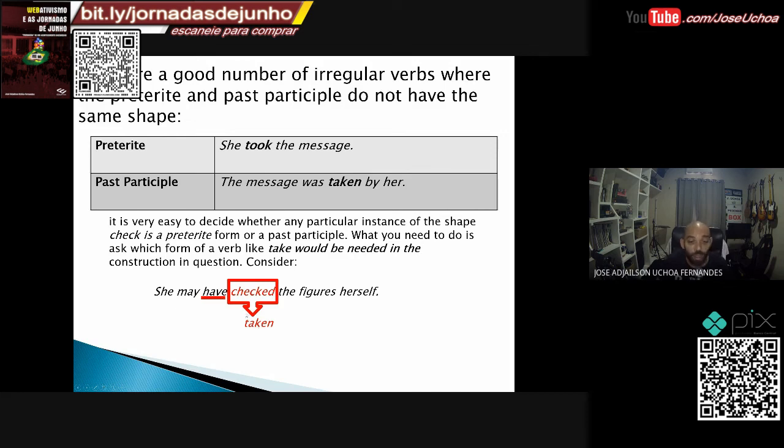She may have seen the figures herself. E seen vai estar na mesma terceira coluna de past participle. Então, para testar um verbo regular, porque tem essa coincidência de shape, você pode usar um verbo irregular com 3 formas distintas. Infinitivo, pretérito e past participle diferentes entre si. E aí você desambigua a situação.